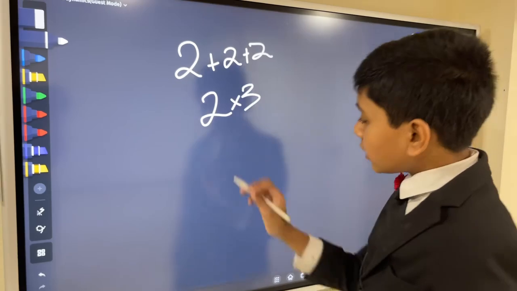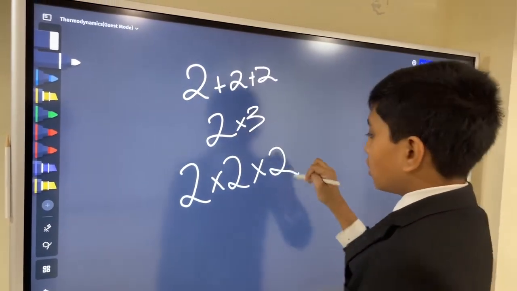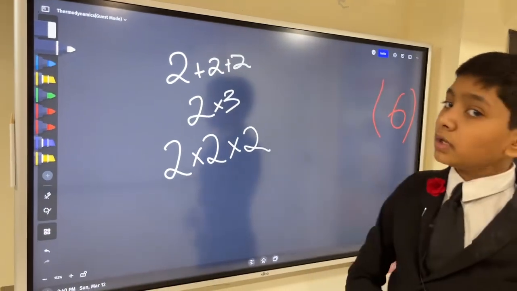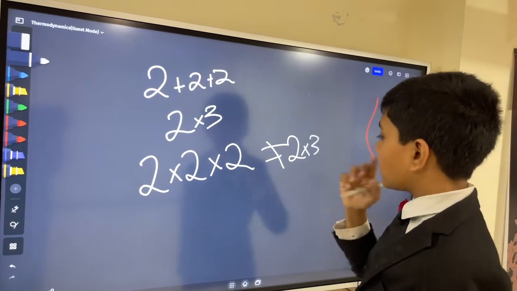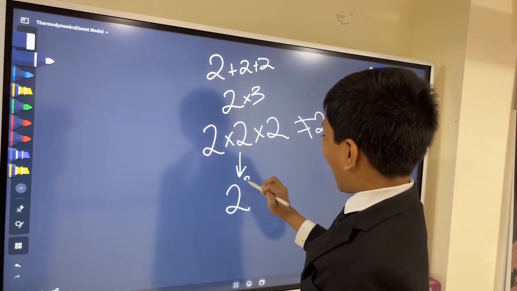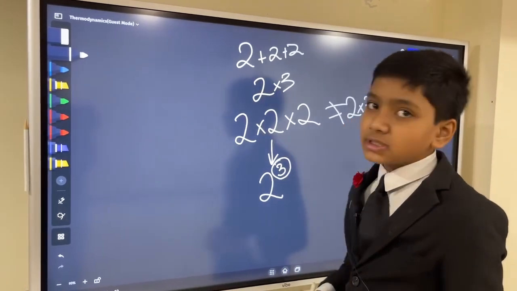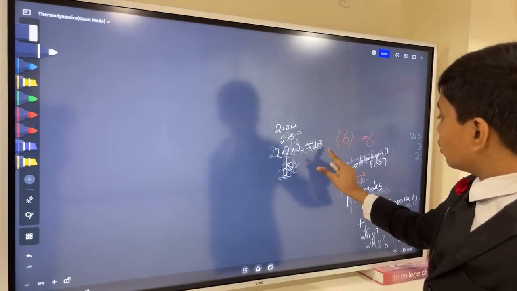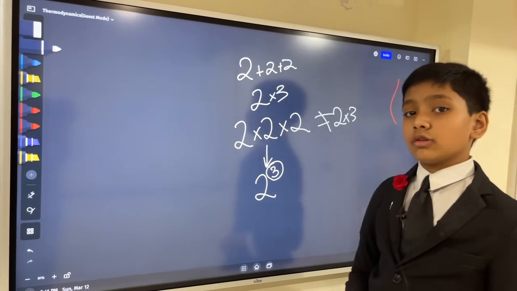Well, now, what if I multiply 2 times 2 times 2? Well, that's 3 2's, but we're multiplying it, not adding it. So this wouldn't be 2 times 3. This would be equal to 2 to the power of 3. So we just write it in its own little space up here. So these exponents are what you should do after you do the parentheses.